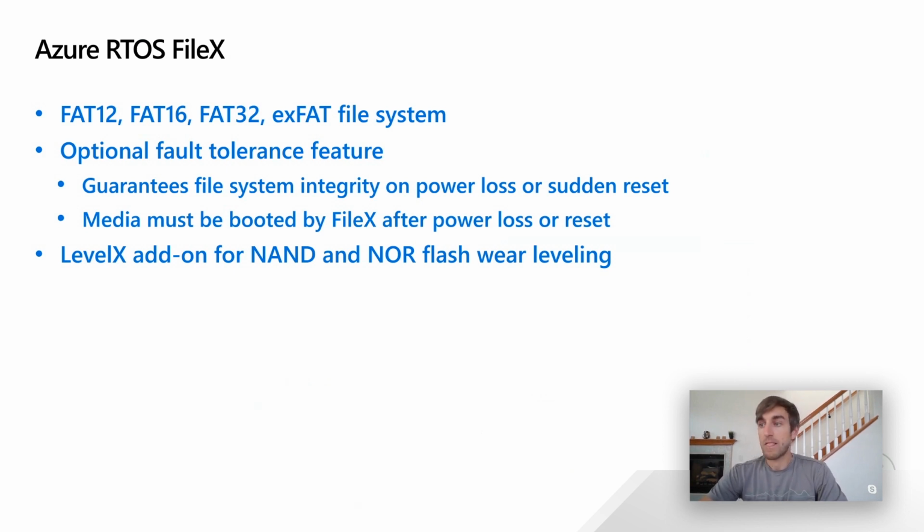For example, if you have a sudden power loss or sudden reset, your file system won't get corrupted. The next time FileX starts up after that power loss or reset, it's basically a journaling system where it will try to restore the media to whatever state it was in before the interruption occurred. This way we maintain the integrity of the file system.